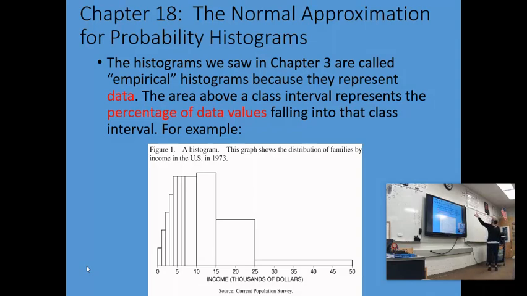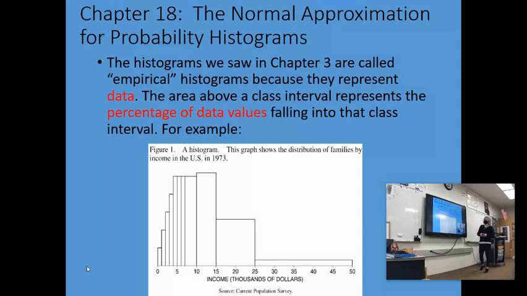And that's because they represent data. So with the random survey that you did last month with the heights of students at SJH, that was an empirical histogram because you took this data and you graphed it, right? You used the percentage. Our blocks represent percent.